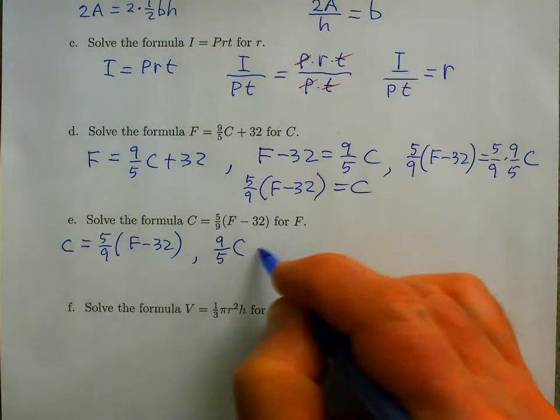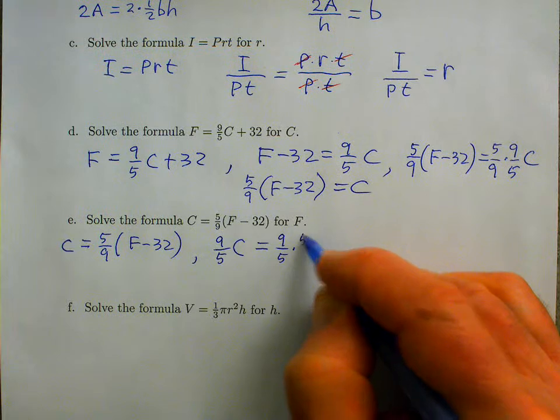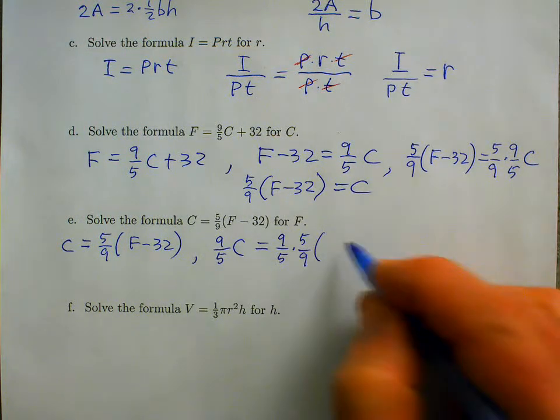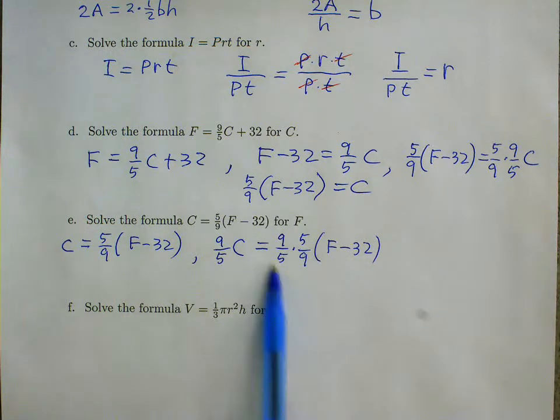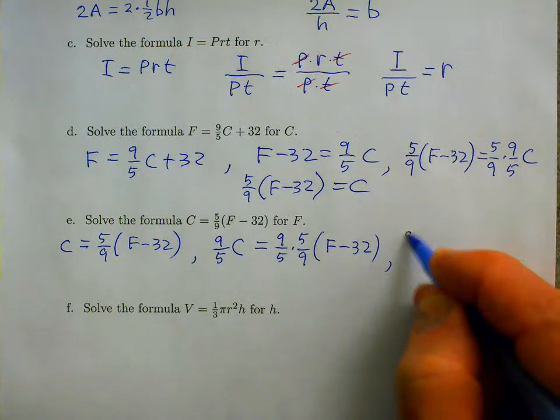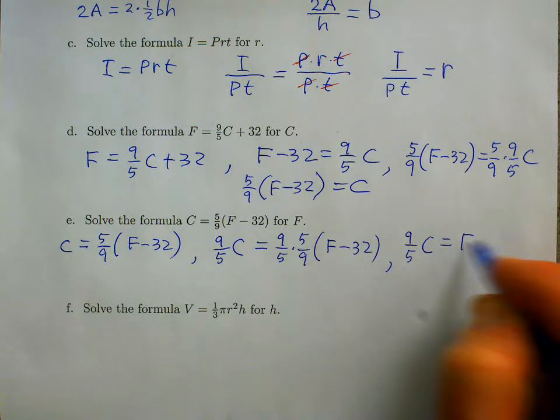9/5 times C equals 9/5 times 5/9 times the quantity F minus 32. 9/5 times 5/9 is 1, so we get 9/5 times C equals F minus 32.